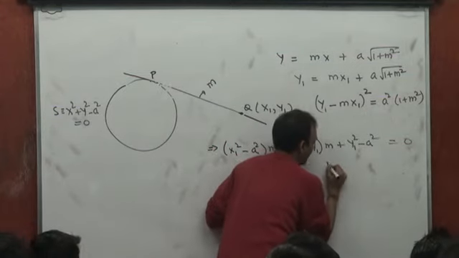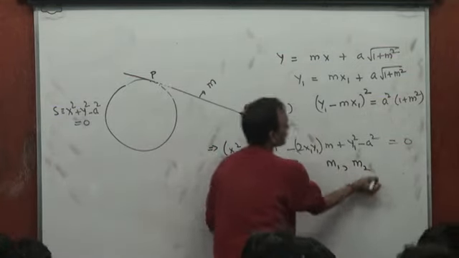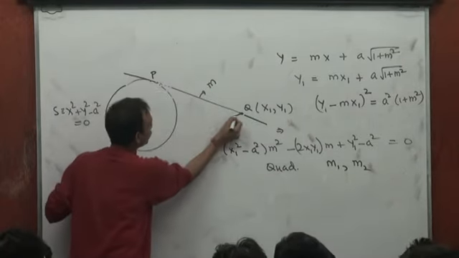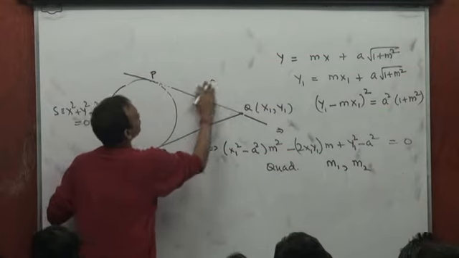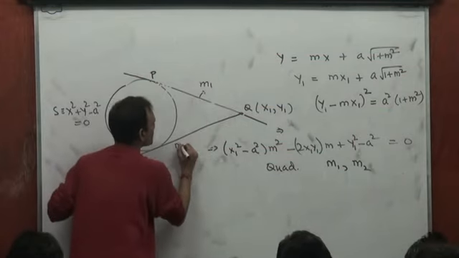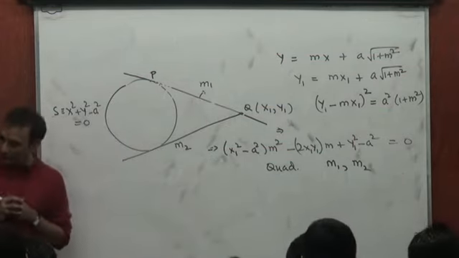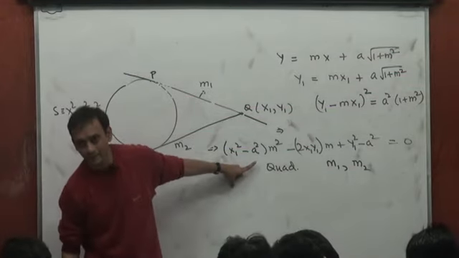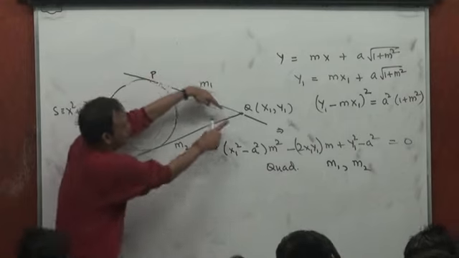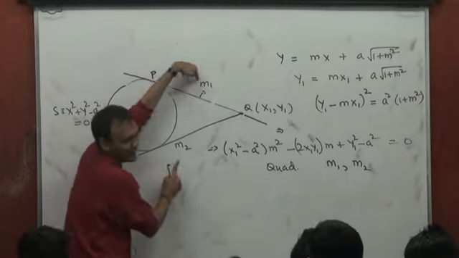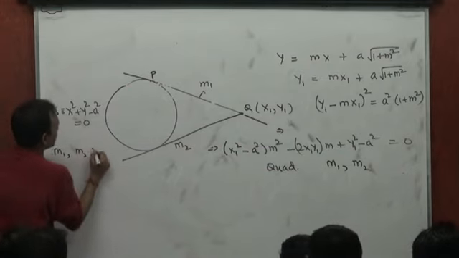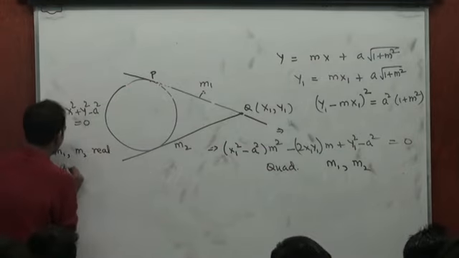So in general, from Q, two tangents could be drawn, one with slope m1, the other with slope m2, where m1 and m2 are the roots of this quadratic. For the two tangents to be real and distinct, m1 and m2 have to be real and distinct.